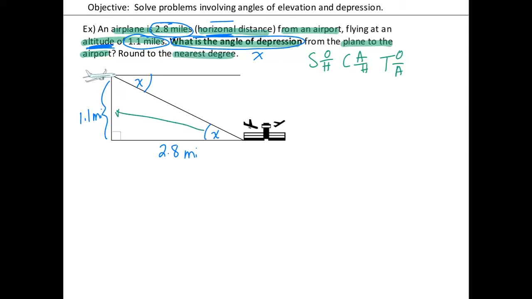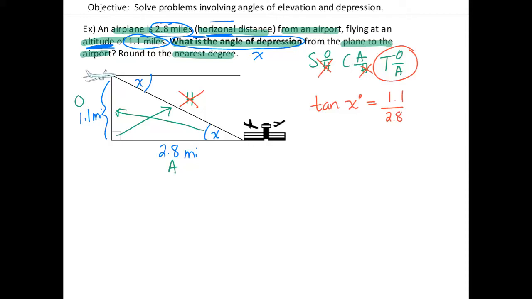Across the angle is the opposite side. Across the 90 is the hypotenuse side, which leaves us with 2.8 as the adjacent. So which side are we not using? I don't have anything for hypotenuse, so we cross those out. We're left with tangent of x degrees is equal to 1.1 over 2.8, my adjacent side.